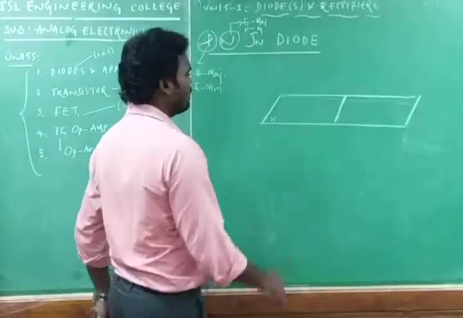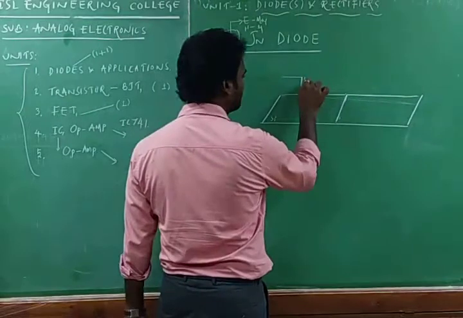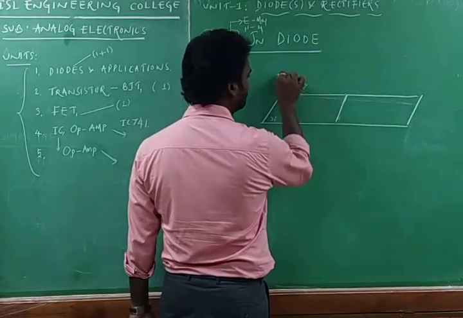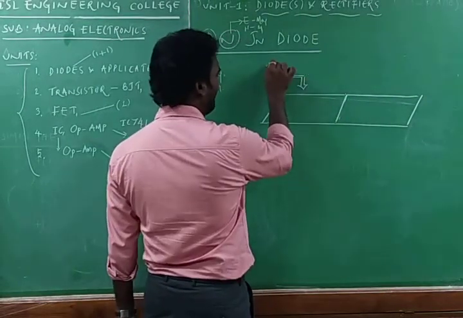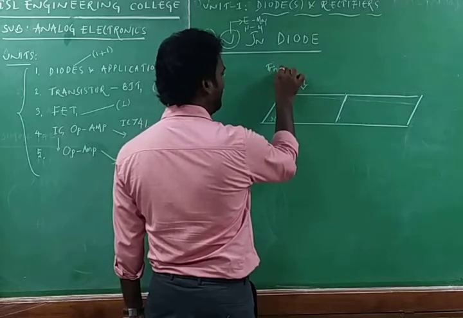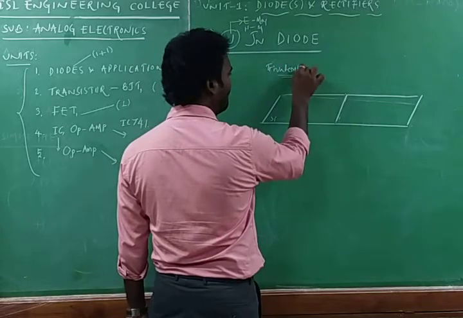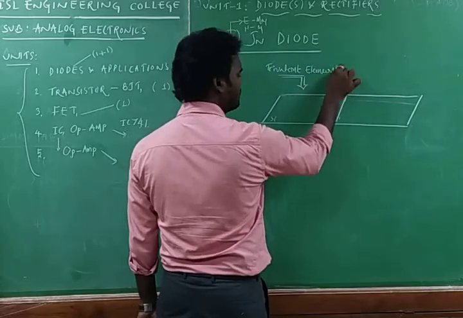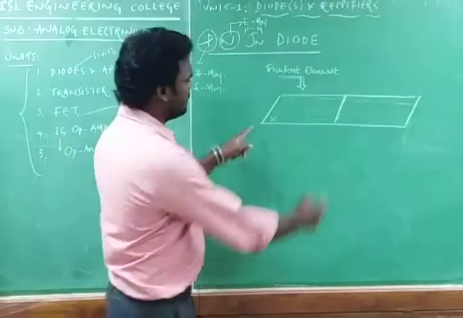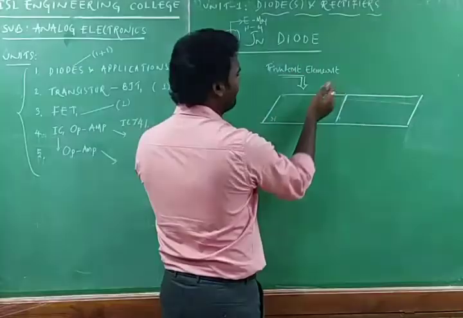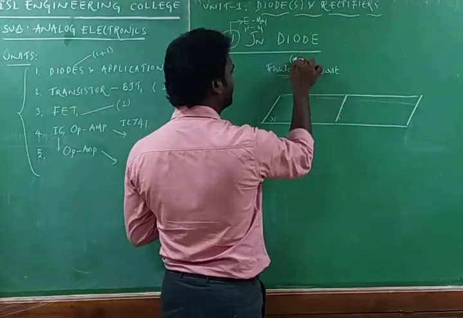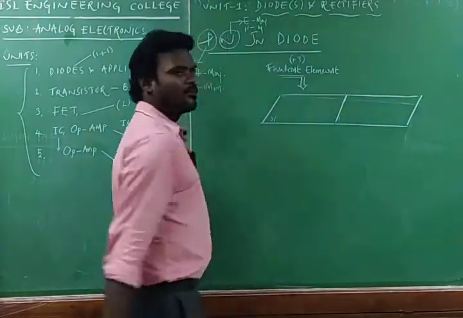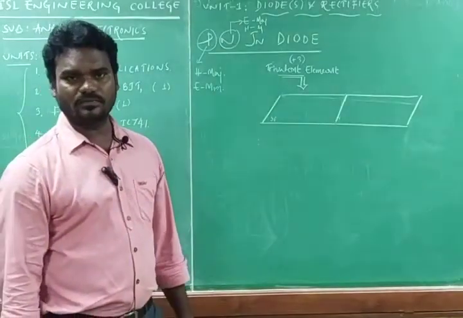So what I am doing, by using the doping process, I am adding trivalent elements to the silicon semiconductor. In this region I am adding trivalent elements, meaning elements whose valence electrons are 3 only.